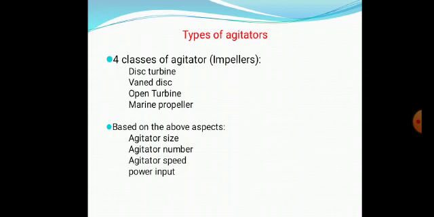Based on the fermenter, media, nature of the microorganism, viscosity of the medium, size of the medium, everything is taken into consideration, and people will calculate which type of agitator should be used out of the four, the size of the agitator, number of agitators, speed, everything has to be calculated. It is not that some standard is there, you can use it. No, there is nothing like standard. You have to do lots of calculation, and you have to decide this. That is what is designing of fermenters or designing of agitators.